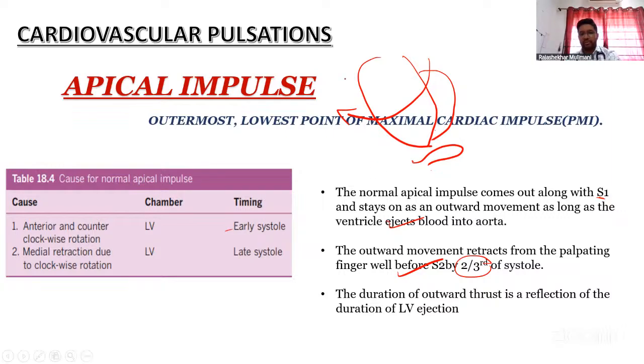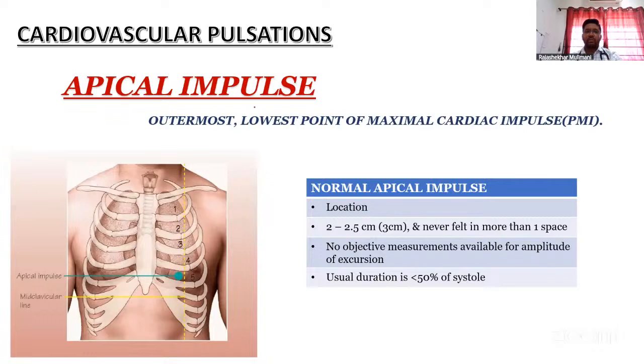During inspection, you need to mention whether the apical impulse is present or not. That's all. You cannot usually define the character of the apical impulse during inspection. Maybe a hyperdynamic impulse can be seen, in which the apical impulse is seen in multiple intercostal spaces. The normal apical impulse is usually situated at or medial to the midclavicular line in the fifth intercostal space.